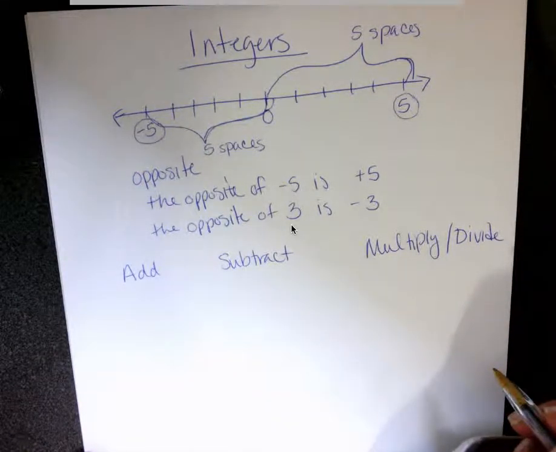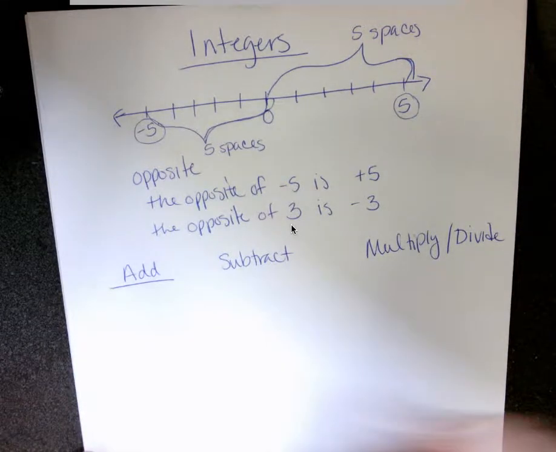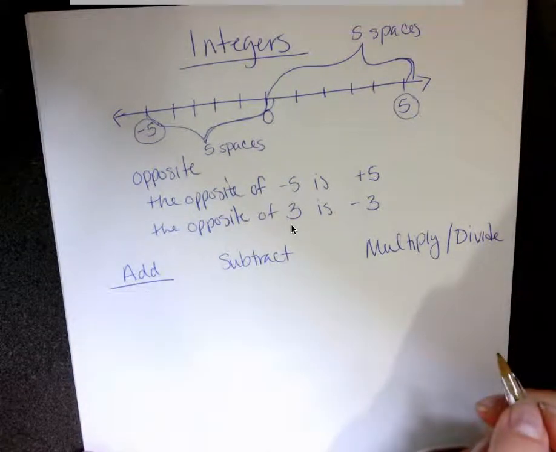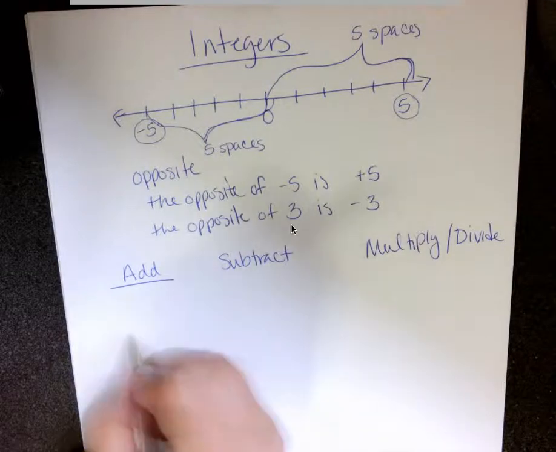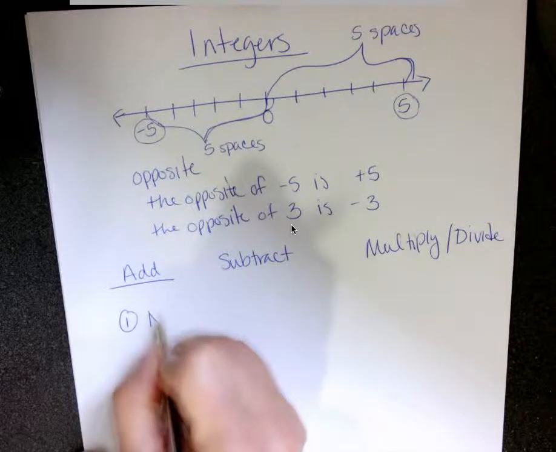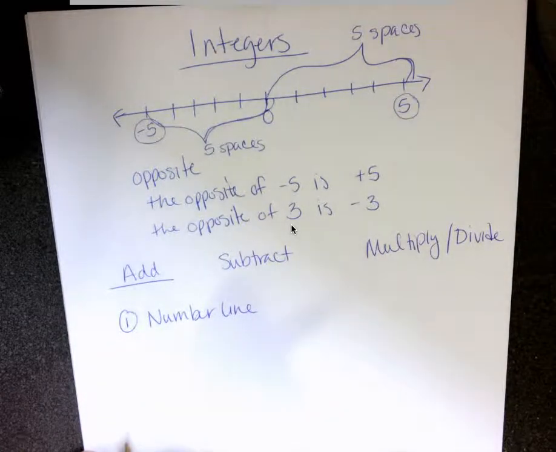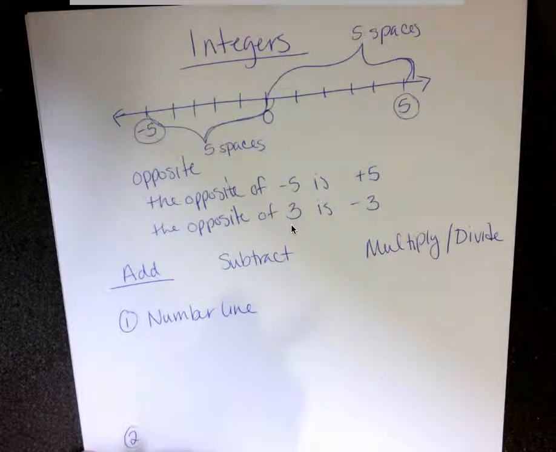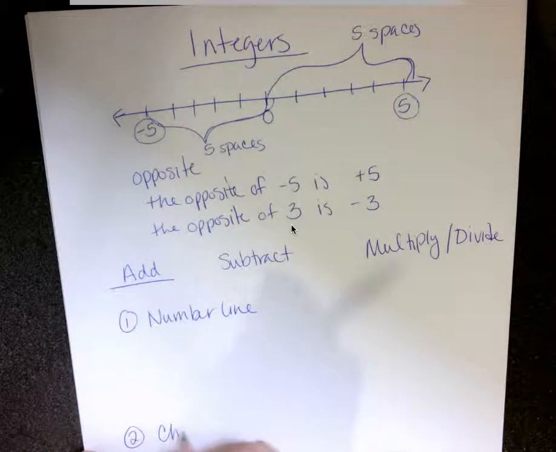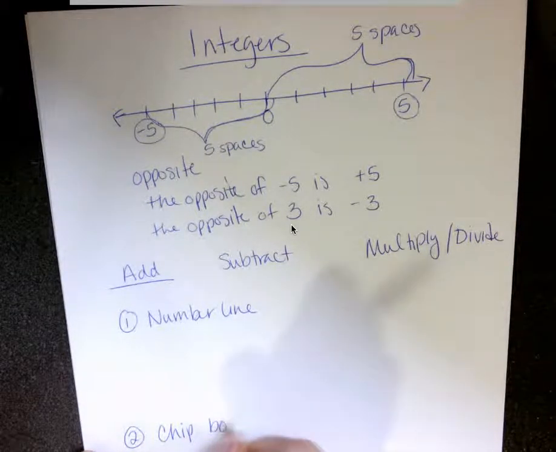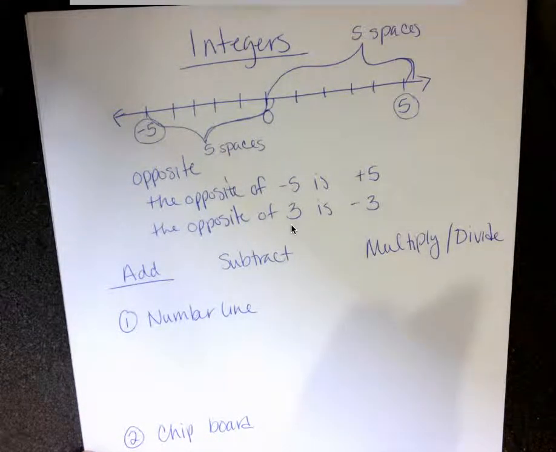So we're going to start with how we add integers. There's two different ways. One way is with a number line, and the other way is with a chipboard. So we'll do that one second. We'll start with the number line.